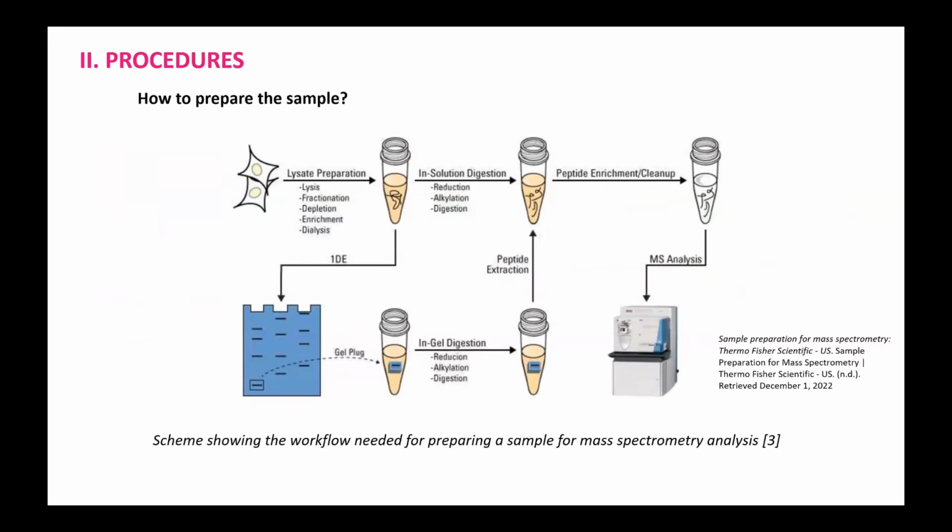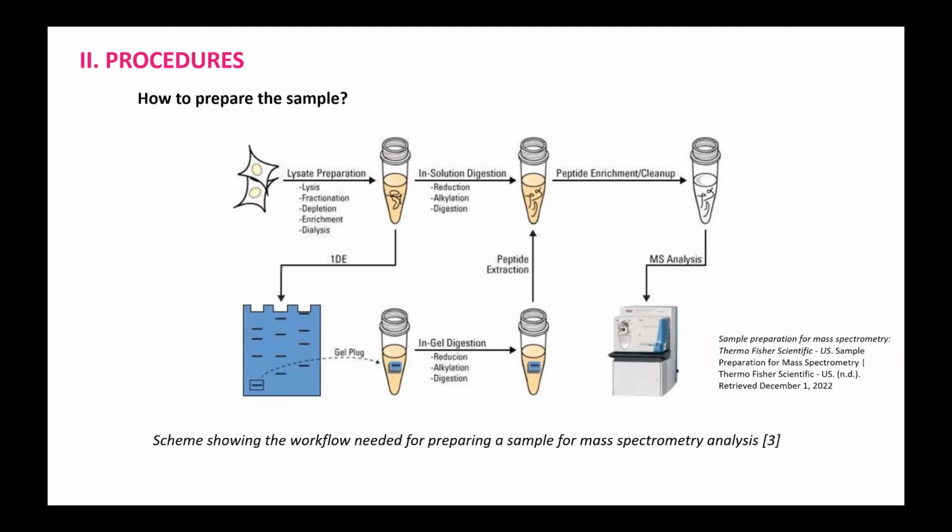This diagram here shows the most common steps of sample preparation, but the protocol must be tailored to the specific samples for optimal results. Cell lysis is the first step in protein extraction. Lysate samples are prepared from biological specimens. In-solution digestion entails irreversibly breaking disulfide bonds via reduction and digestion of protein into peptide fragments.